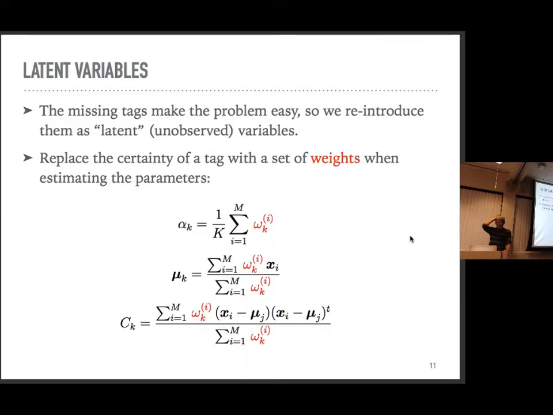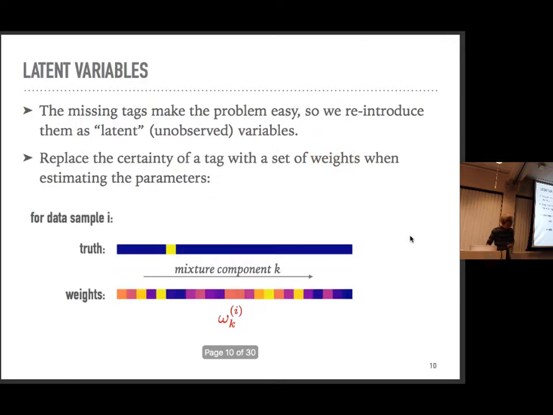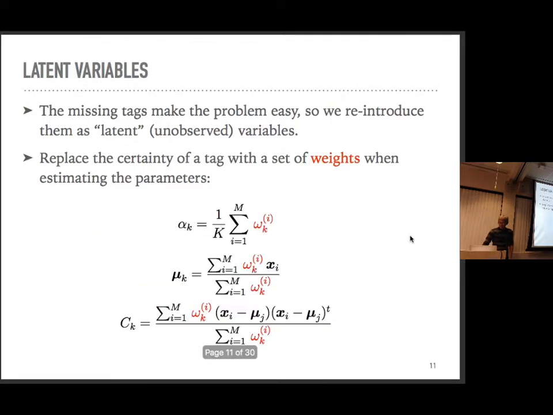Once we've assigned these weights, if somehow you knew what the right weights were, then all you've done is turn the calculation of the means and the covariances into a slightly harder problem. If you look at the documentation for numpy mean or numpy cov, it has an optional weights argument.